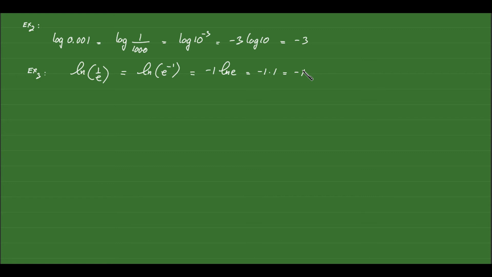Okay, how about this one? Number 4. What if I have 5 raised to log base 5 of c squared plus 4? The c squared plus 4 is the argument of this log, and the whole log is the exponent of the base 5 right here. So what formula am I going to apply?